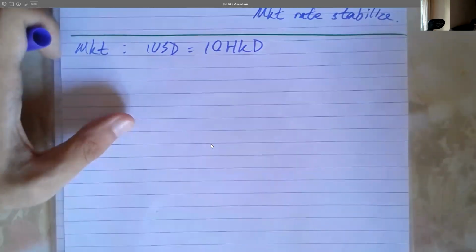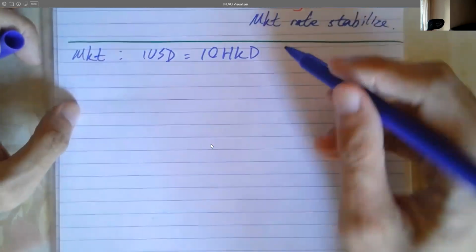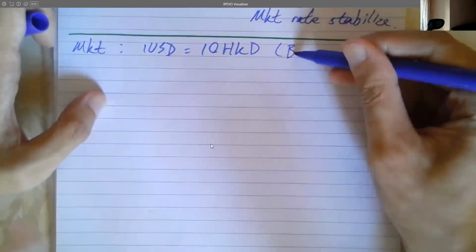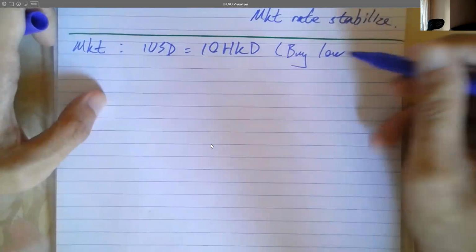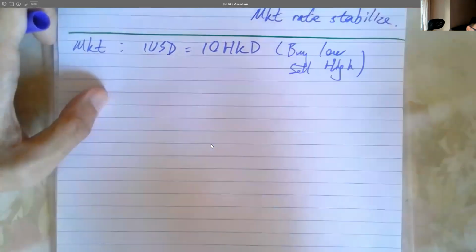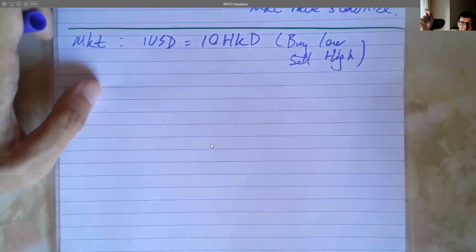You see such a thing happen. So what happens is that the banks, being very selfish, will do an action we call buy low, sell high arbitrage, to earn a profit. So how does it work?